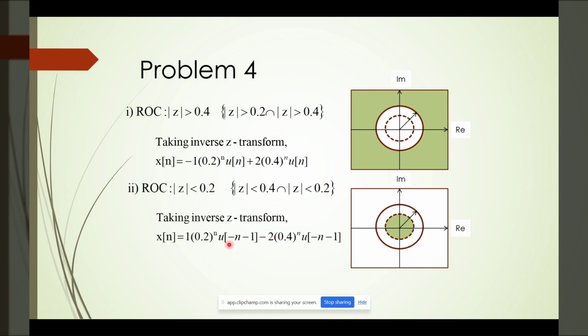So we write minus 0.2 to the power n u of minus n minus 1, and similarly minus the 0.4 term with u of minus n minus 1.